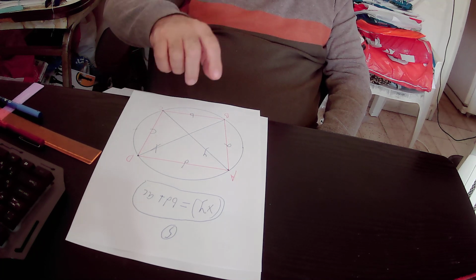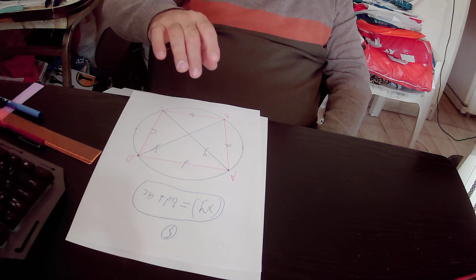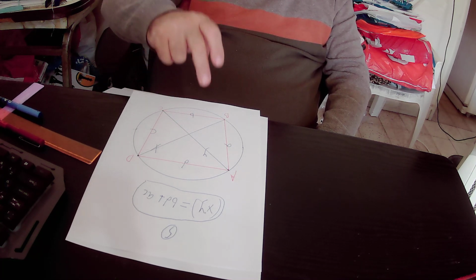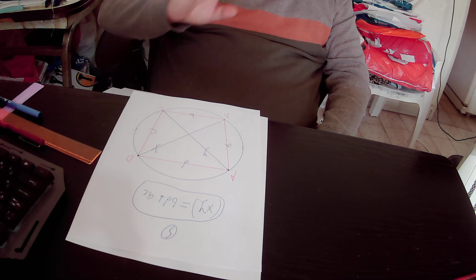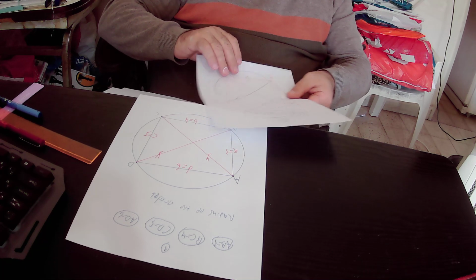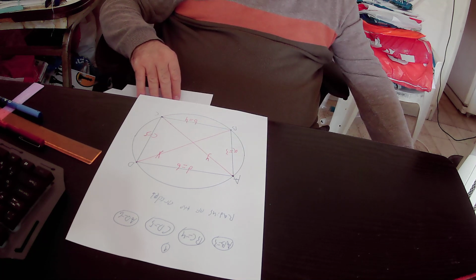The sum of the products of its opposite sides is BD plus AC, and BD plus AC equals xy. That is rule number 2, and we also have rule number 3.